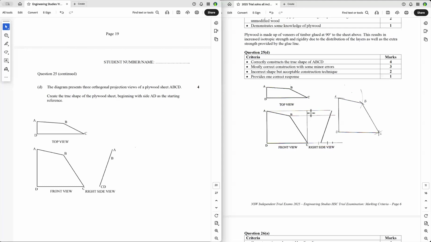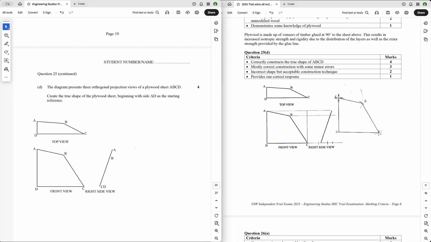And so if you want to get the true length of AD, put your compass on there, and then you mark it down here. Now that's how high A is above D, and that will give you the true length of AD. So let's do it. You've got to start with A there.